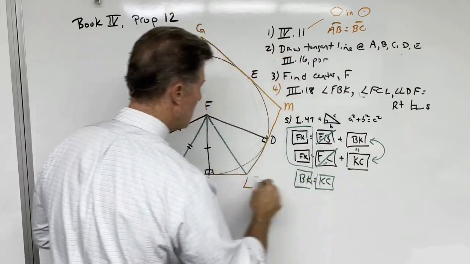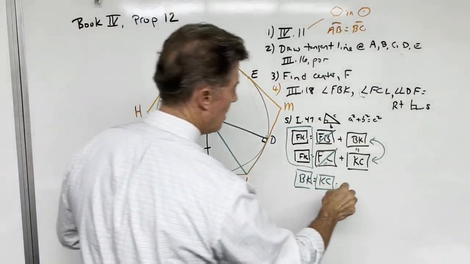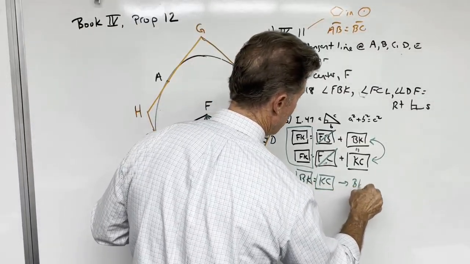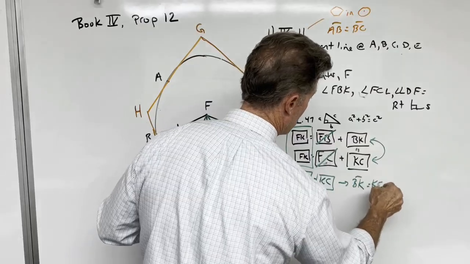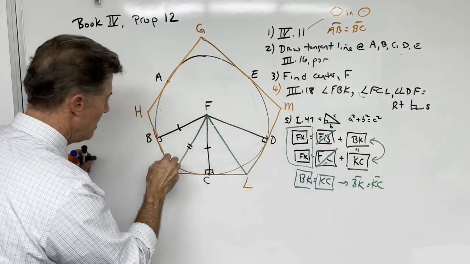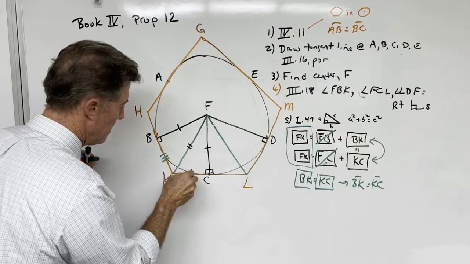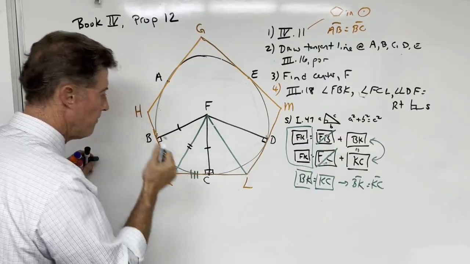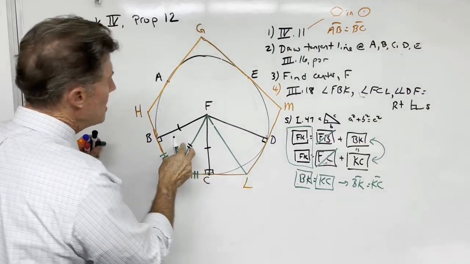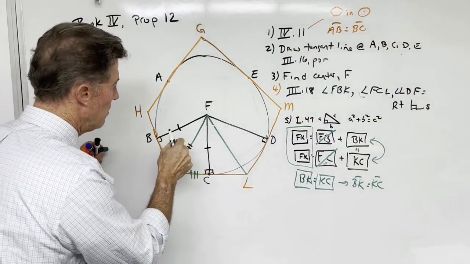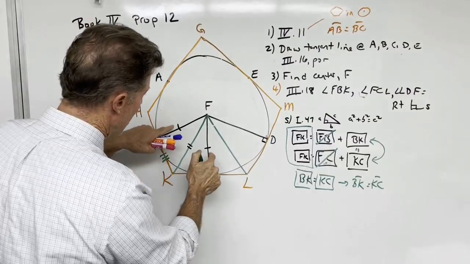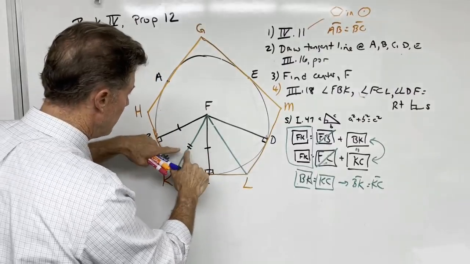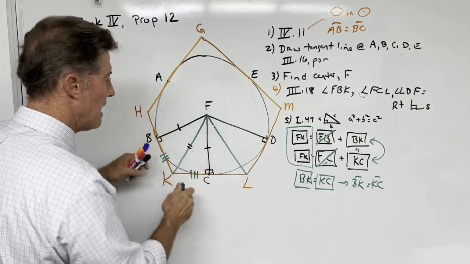Well, if the squares are equal, then we can unsquare them to know that the line BK is equal to the line KC. So this is equal to this. Now, we know that all three sides are equal: side 1 equal to side 1, side 2 in common, side 3 equal to side 3.